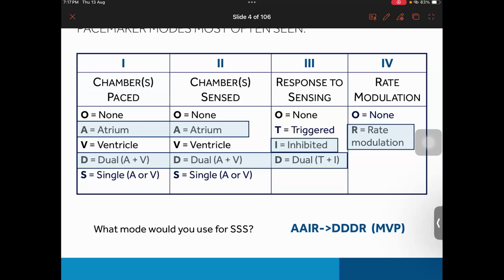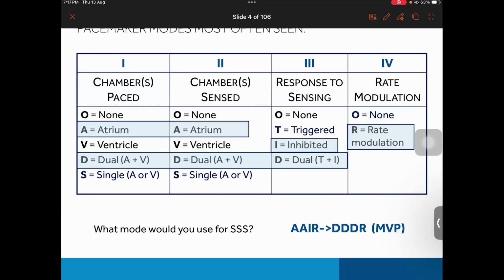There is an algorithm where every time the pacemaker measures the conduction, and if there is normal AV conduction, it will keep the mode in AAIR, and if there is no conduction, it will automatically change the mode to DDD. This algorithm is called managed ventricular pacing.